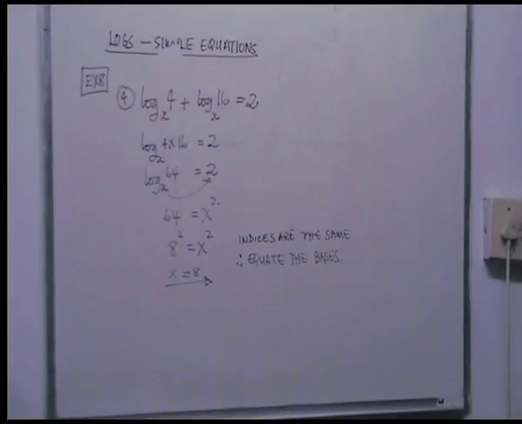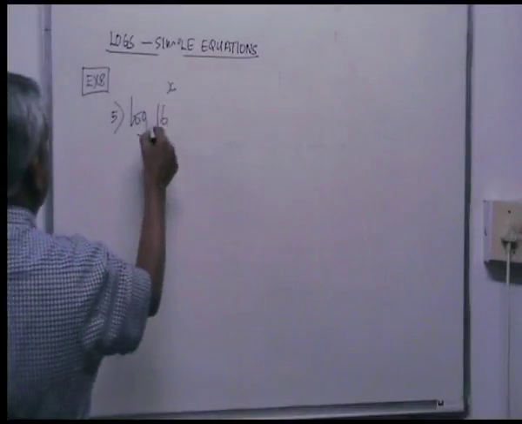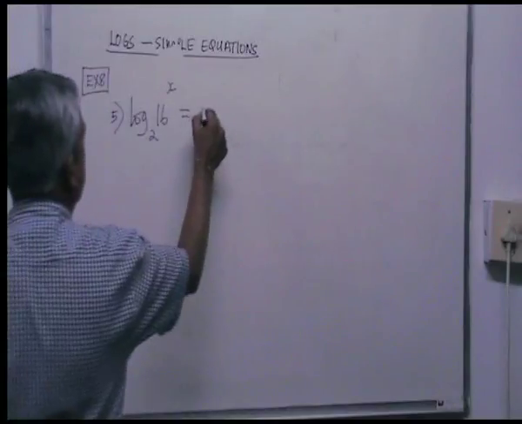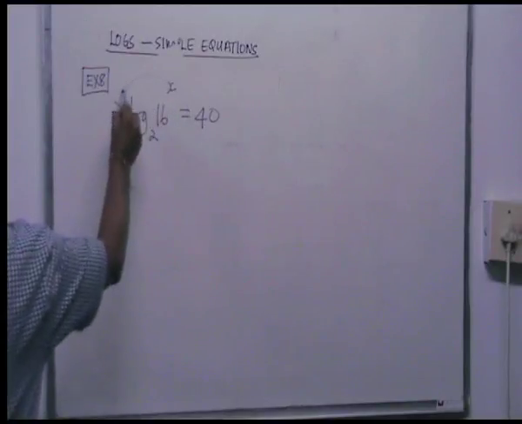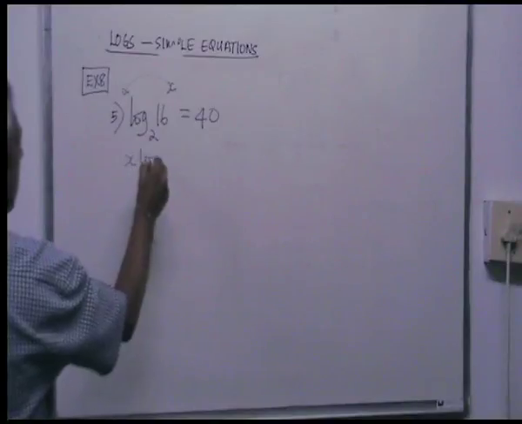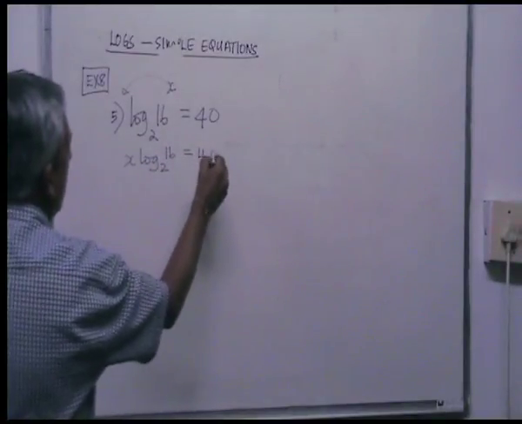Alright? And finally, we're going to do number 5. Log 16 to the index x to the base 2 is equal to 40. Well, maybe you feel like bringing that to the front. Well, that's a good feeling. So x times log 16 to the base 2 is equal to 40.